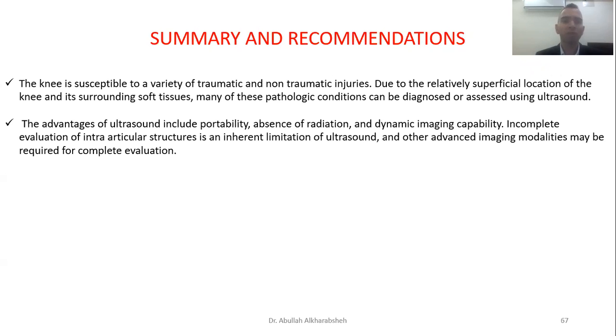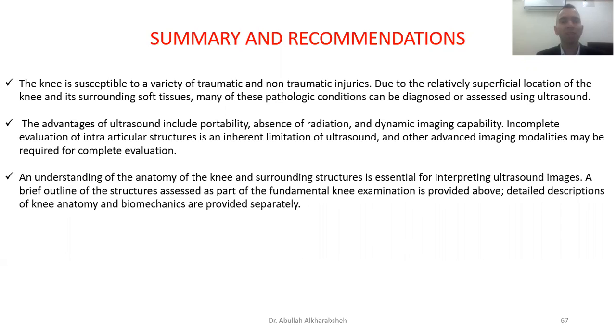Incomplete evaluation of intra-articular structure is an inherent limitation of ultrasound, and other advanced imaging modalities may be required for complete evaluation. An understanding of the anatomy of the knee joint, and it's very important, and surrounding structure is essential for interpreting ultrasound images.